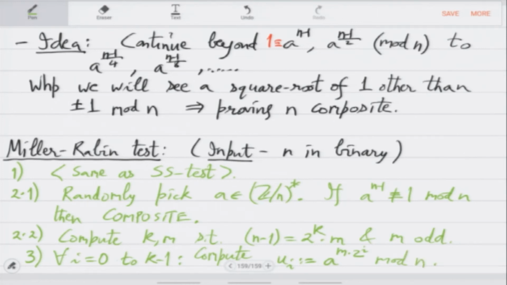Now note that for i equal to 0, this is a raised to m. You can compute a raised to m mod n, then you compute a raised to 2m, a raised to 4m, and for i equal to k minus 1, this is a raised to n minus 1 by 2. Okay, so we are computing this square root thing, but in reverse order, starting from m and doubling it. So that will give you these ui's.